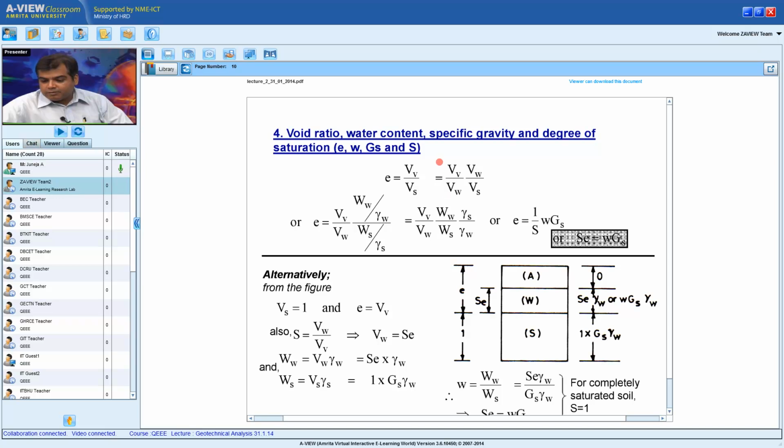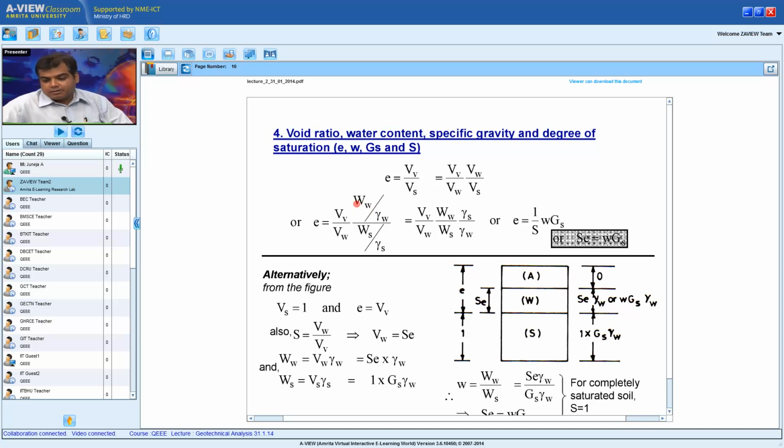Let's look at this very carefully. Volume of voids to the volume of water, I'm not going to touch this, so it's over here. Let's look at the second part, which is volume of water to the volume of solids. Now the volume can be related to weight and unit weight by this expression. Remember, density equals mass upon volume. So rather than density we use unit weight, and rather than mass I have weight. So volume of water is replaced by weight of water divided by unit weight of water.